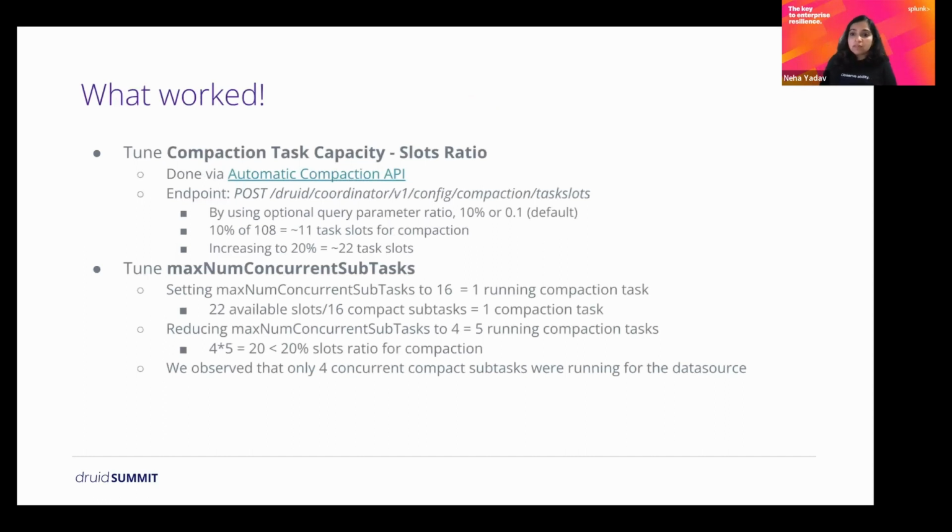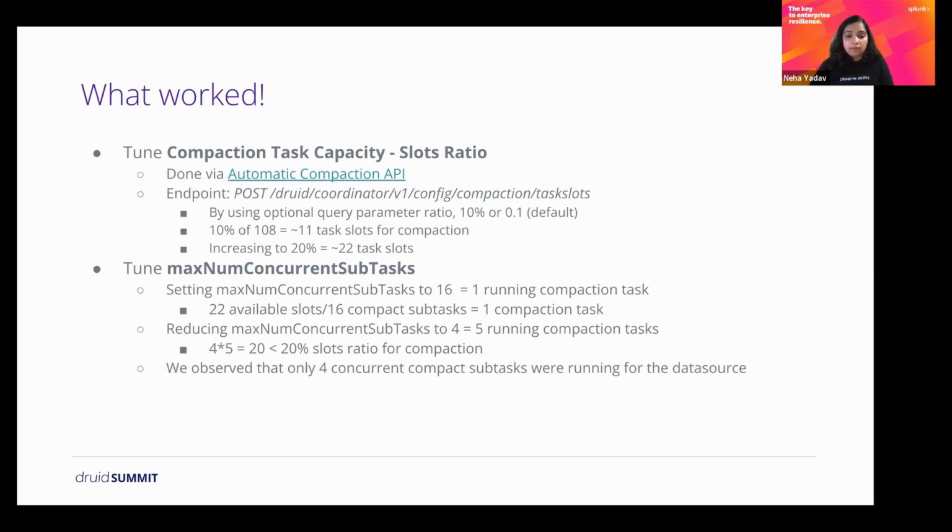On further investigation, what really worked was tuning compaction task capacity. Compaction task capacity is basically the number of slots that are available for compaction on a particular cluster. That task capacity is 10% of the total number of task slots available by default.